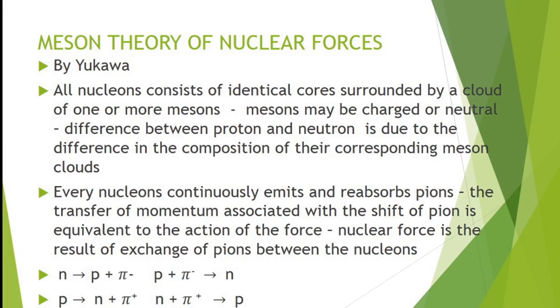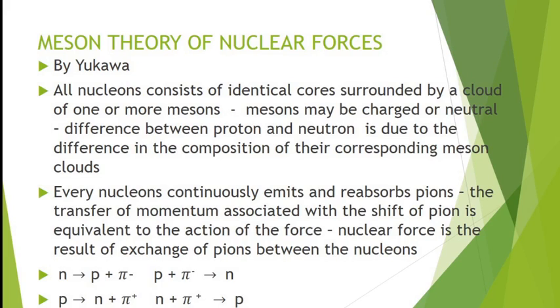and the difference between a proton and a neutron is due to the difference in the composition of their corresponding meson clouds, or we can say pion clouds. So which type of pions are surrounded over a nucleon makes it either a proton or a neutron.